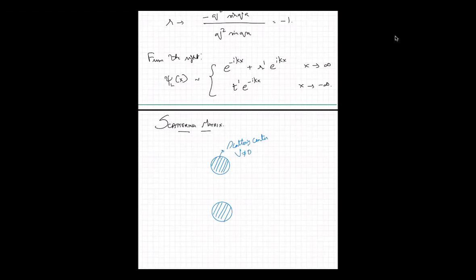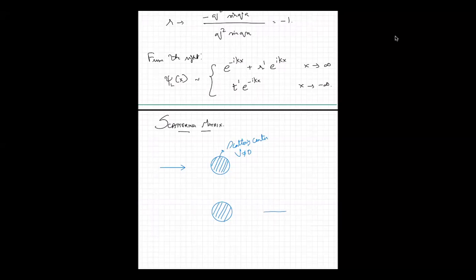Now, suppose I look at scattering from the left. I'm throwing the particle in like this. So this is an incoming wave because it is going into the scattering potential. Now I can also throw the particle from the right.